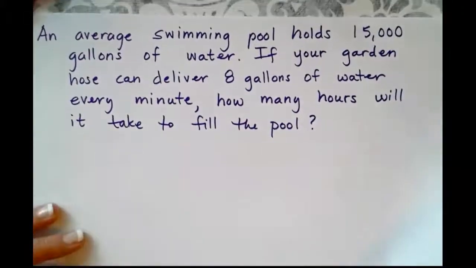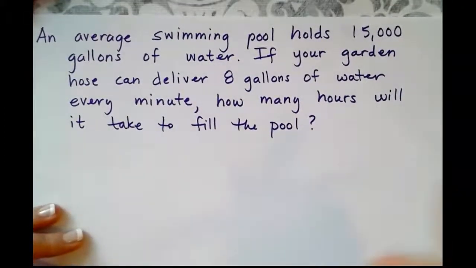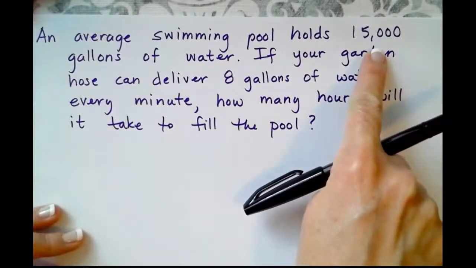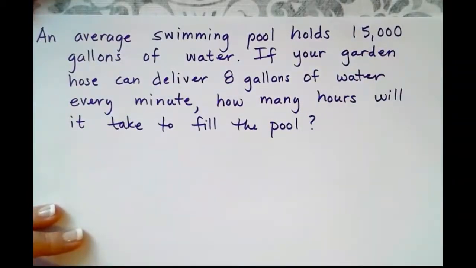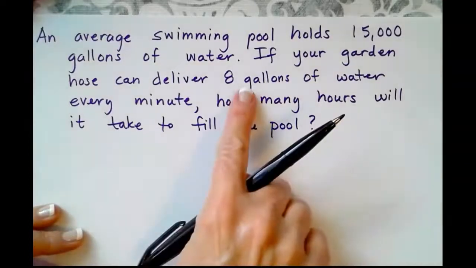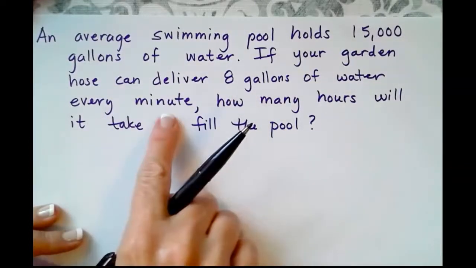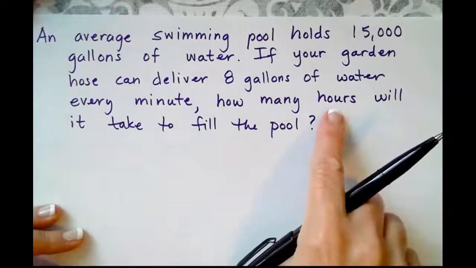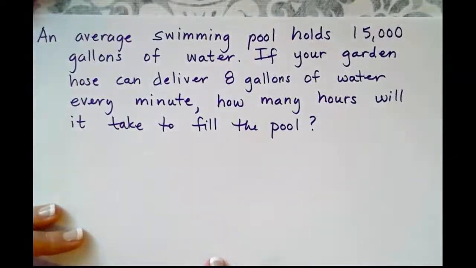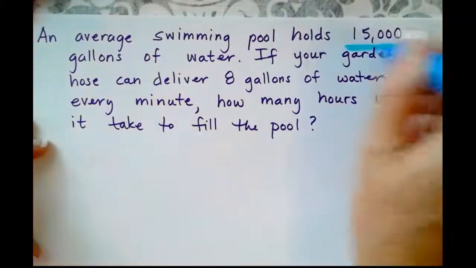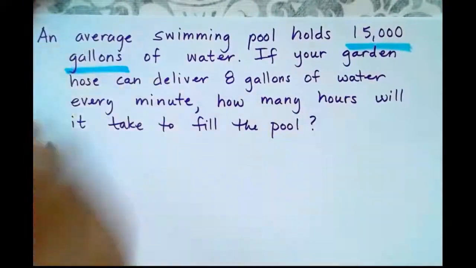Next, the average swimming pool holds 15,000 gallons of water. If your garden hose can deliver 8 gallons of water every minute, how many hours will it take to fill the pool? So this is our last problem. We're trying to fill a swimming pool that holds 15,000 gallons of water.